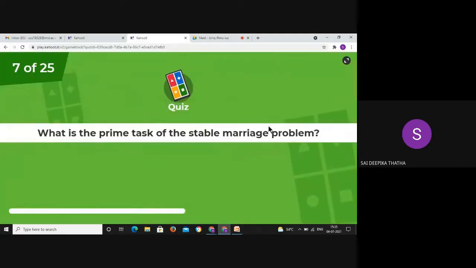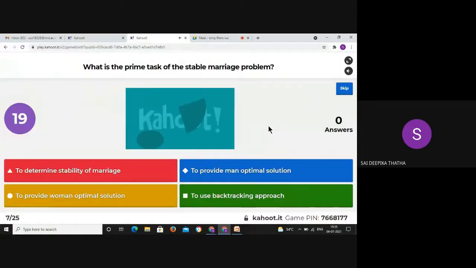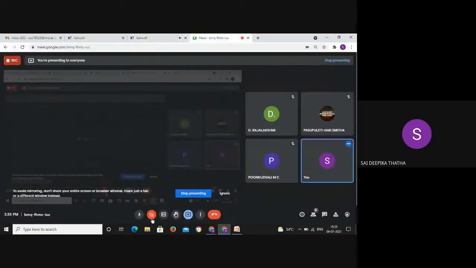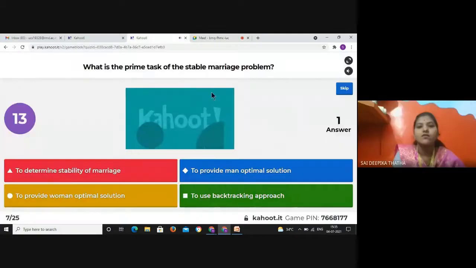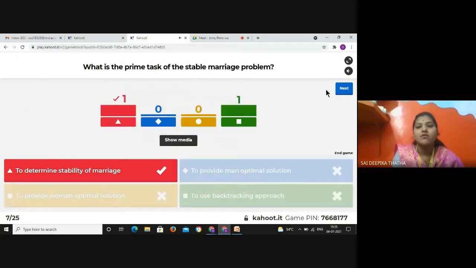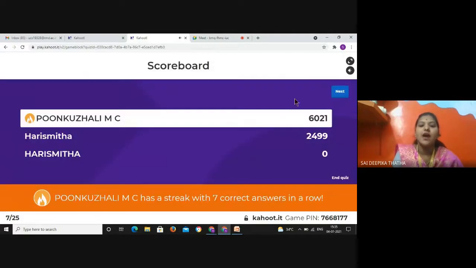What is the prime task of the stable marriage problem? It is going to be to determine the stability of the marriage. Again, Poonkulli is on top.